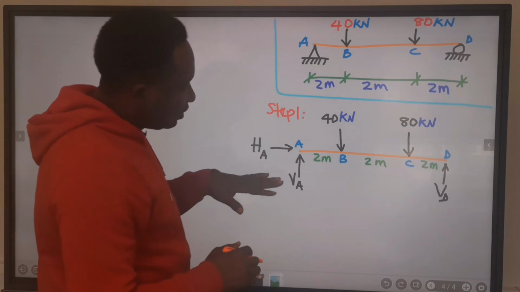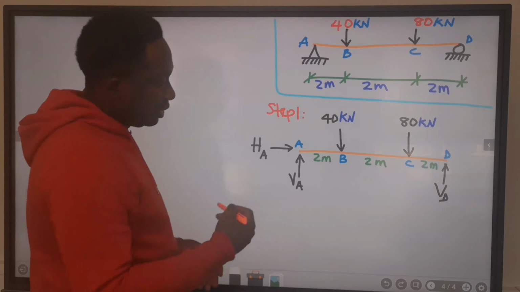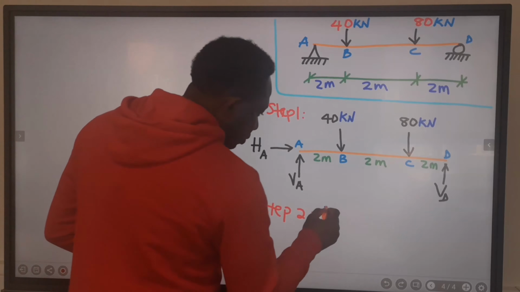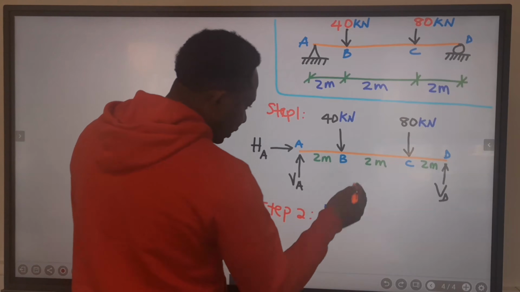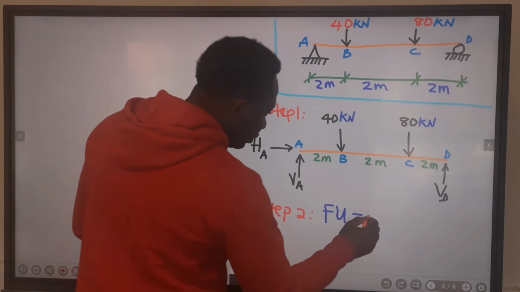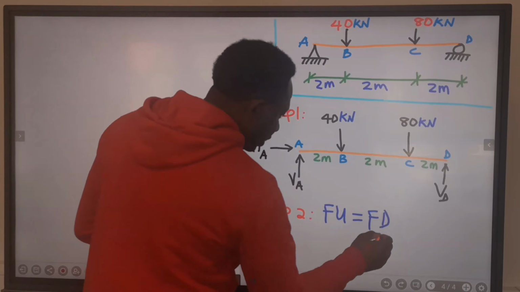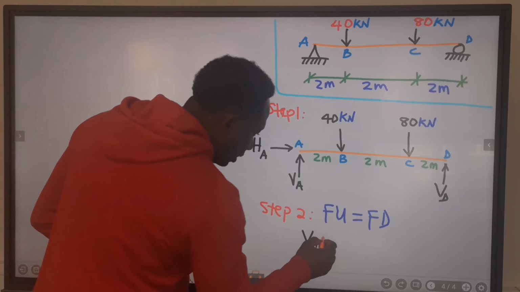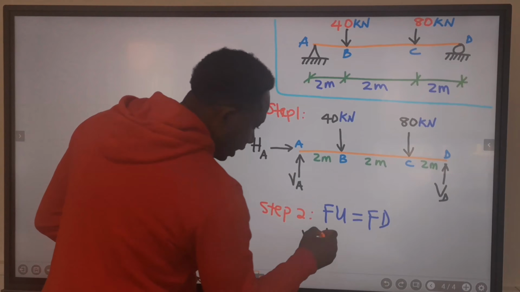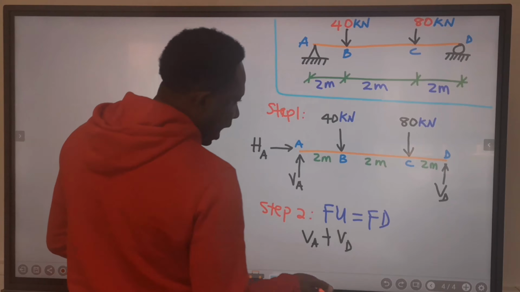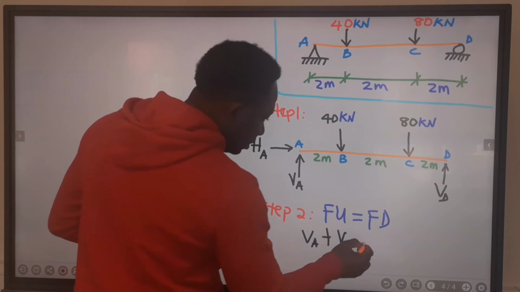Now that we have the free body diagram, step number 2. In step 2, all the forces going up must be equal to all the forces coming down on the beam. V subscript A plus V subscript D are all going up.